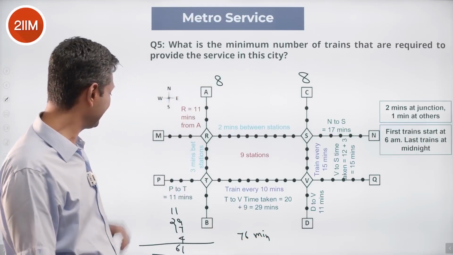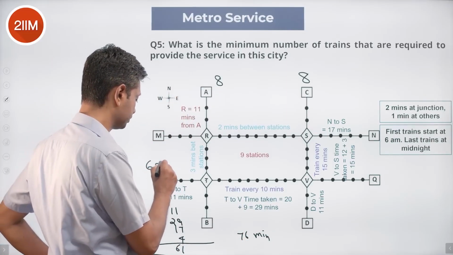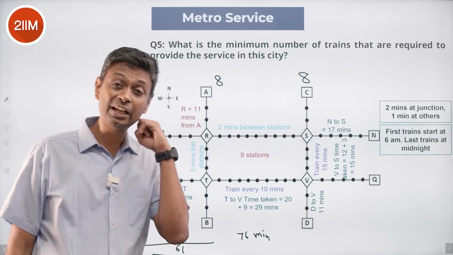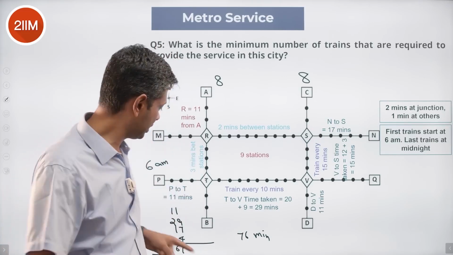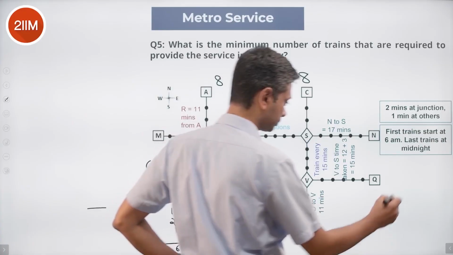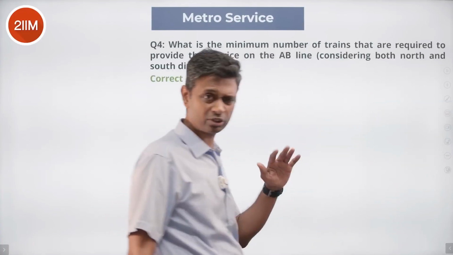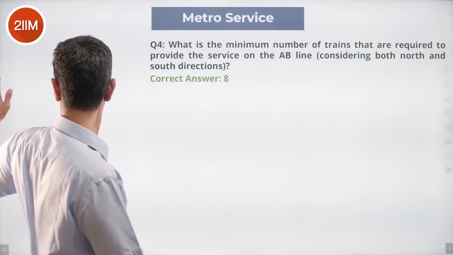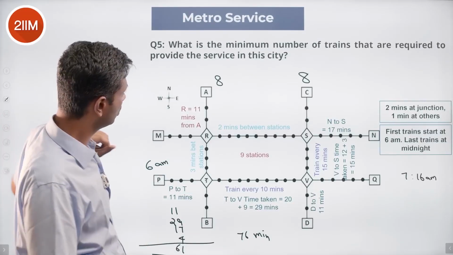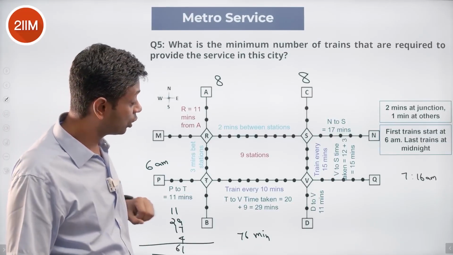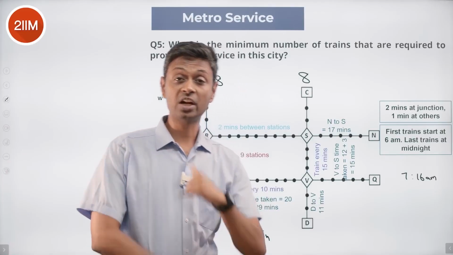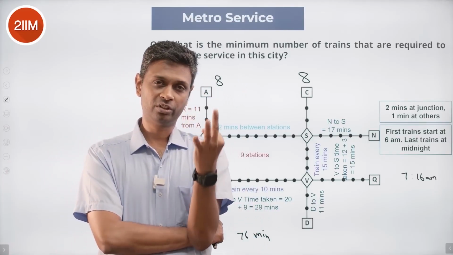Or the train that starts from P at 6 a.m. is ready to start from Q at 7:16. 60 plus 16. Oops. So from Q, we need to have a train starting at 6, 6:15, 6:30.